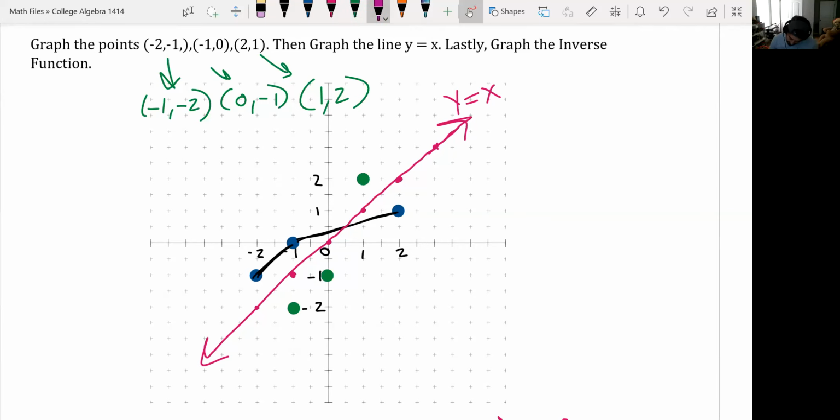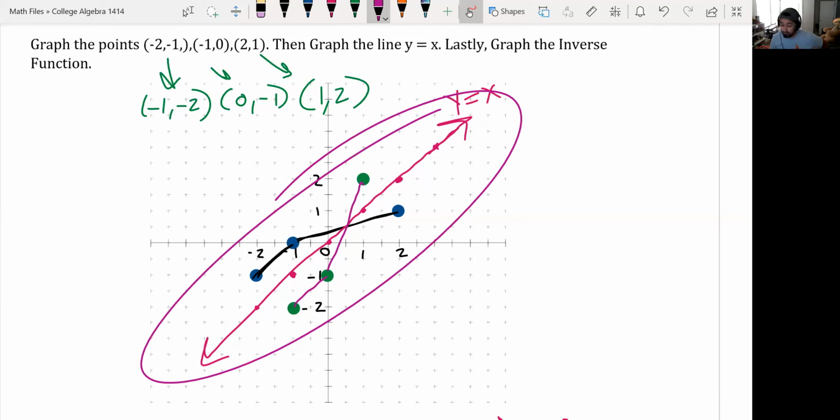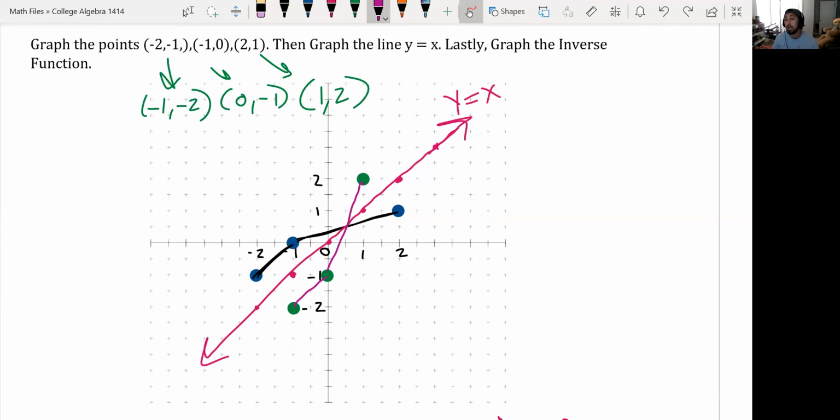And let's see what that looks like. And now, I must ask you, or myself, since I'm talking to myself, do these look symmetric about this line y equals x? And that answer is yes. Good. These points reflect over each other, these points reflect over each other, and these points reflect over each other.